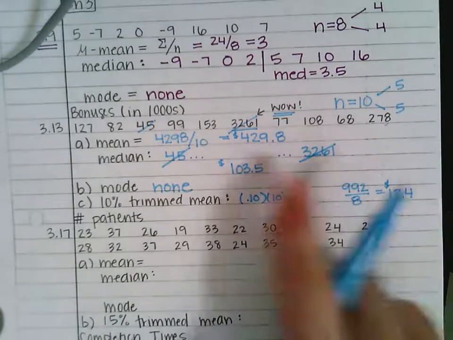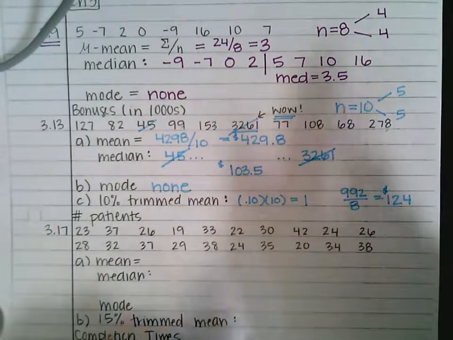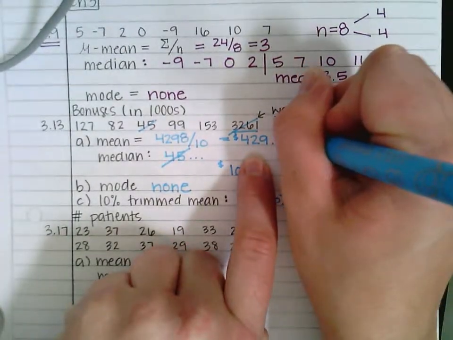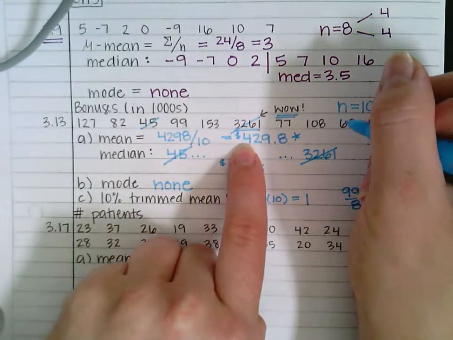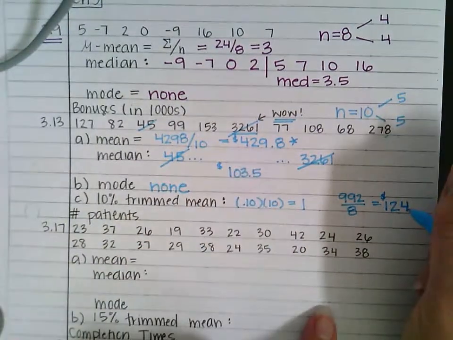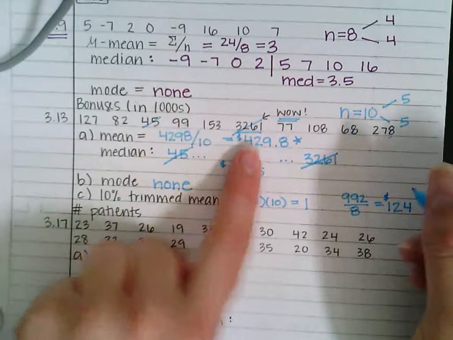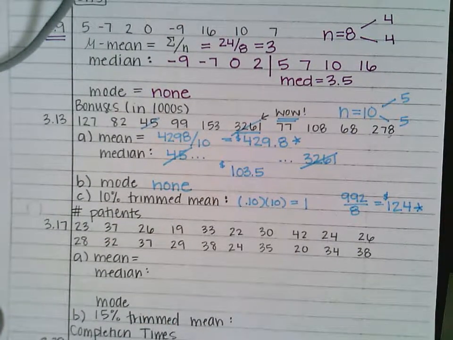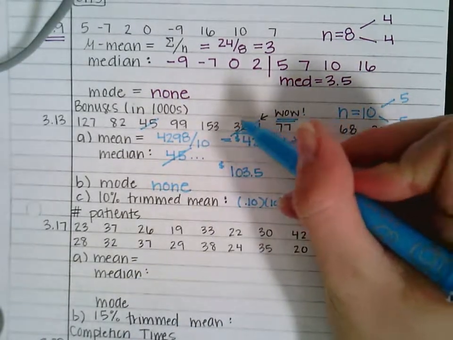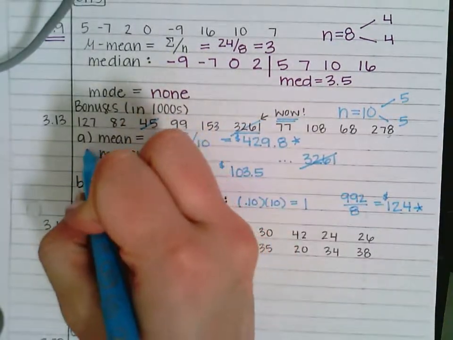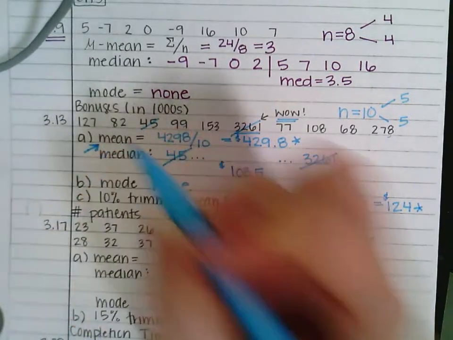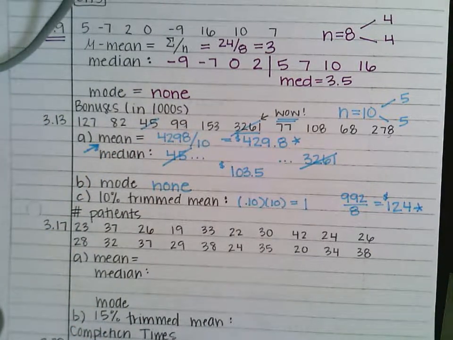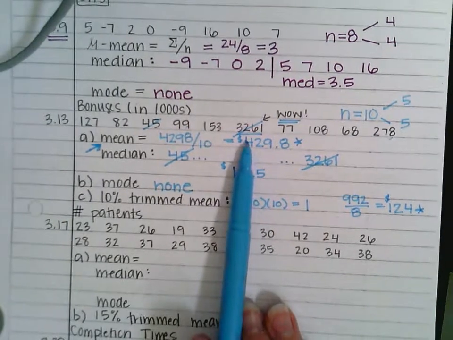Now why did this decrease by so much? If I had a mean of $430,000, and when I take out these two values, I now have a trimmed mean of 124. And the reason is this one huge number has such a huge weight on the mean, okay, that it's pulling it towards that large value.